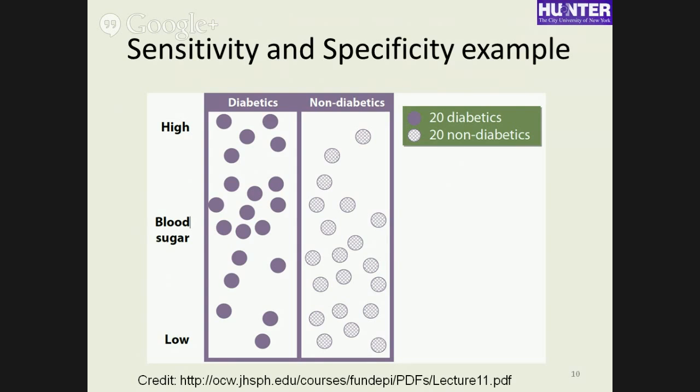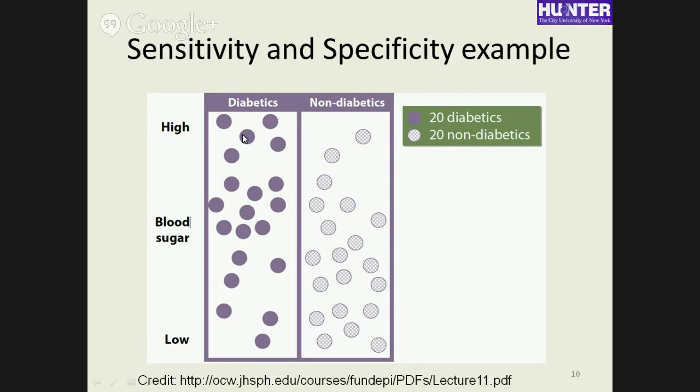Now, this plasma glucose test might look something like these measurements. Each dot here is one measurement on an individual. These are high, these are low. And here are the diabetics and the non-diabetics.